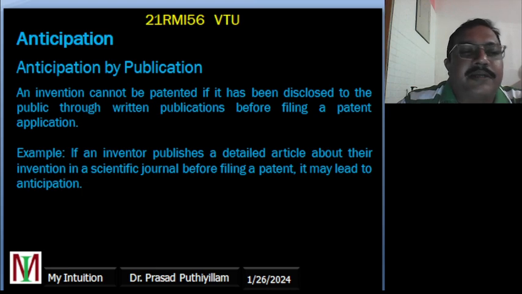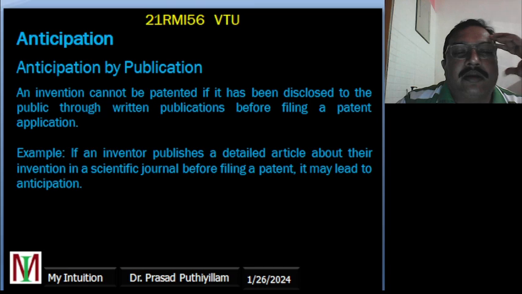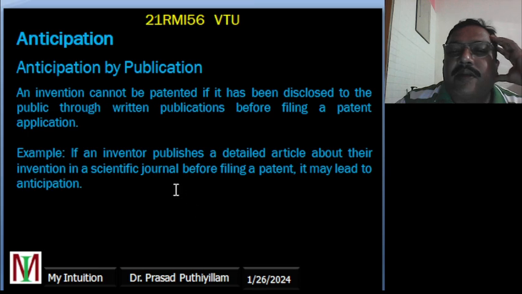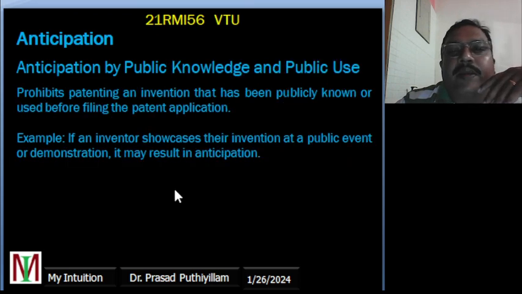Anticipation by publication. An invention cannot be patented if it has been disclosed to the public through written publication before filing a patent application. For example, if an inventor publishes a detailed article about their invention in a scientific journal before filing a patent, it may lead to anticipation.